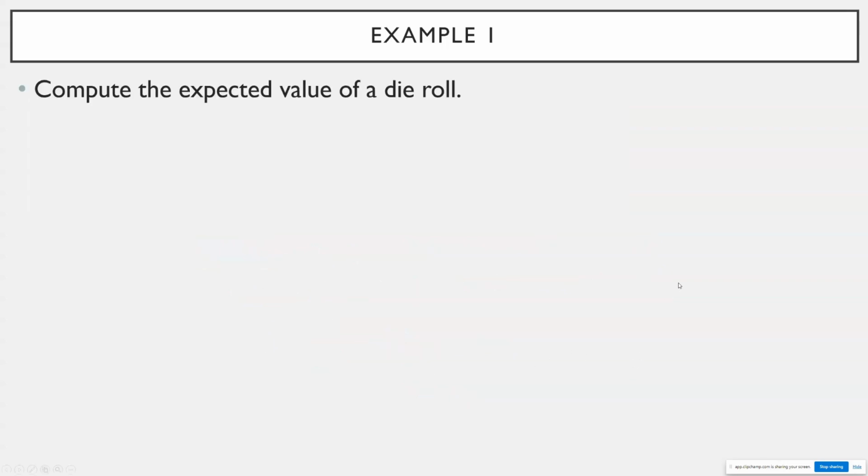So let's compute the expected value of a die roll. Expected value is equal to the sum of the numerical value of each outcome times its corresponding probability. Well, what are the outcomes?